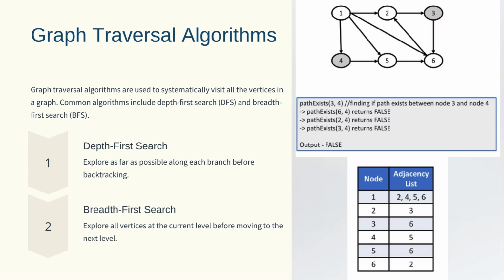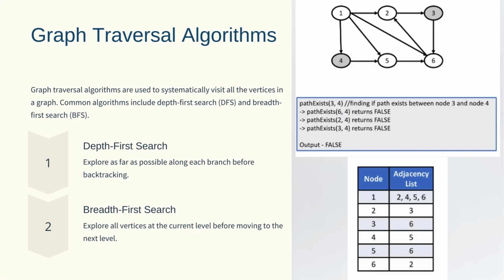Graph traversal algorithms. Graph traversal algorithms are fundamental techniques used to explore nodes and edges of a graph. Two primary graph traversal algorithms are depth first search (DFS) and breadth first search (BFS).